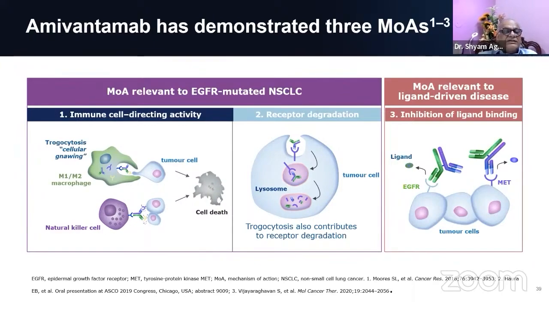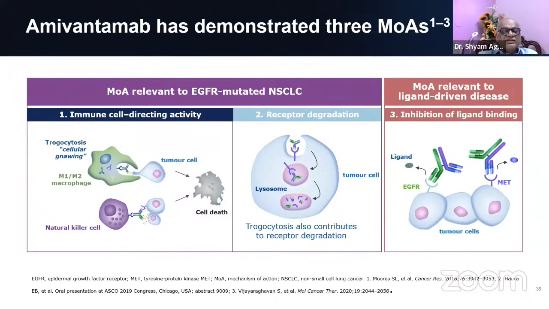But there's another term which is called trogocytosis, cellular gnawing. This is immune cell directed activity, where the macrophage or the natural killer cell, the antibody gets into these macrophages, or it binds to the natural killer cell, and then subsequently, it's different from phagocytosis.